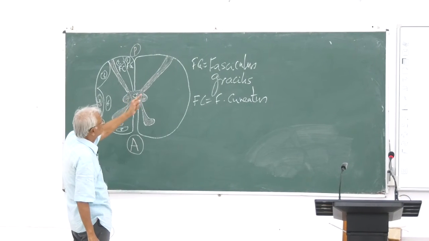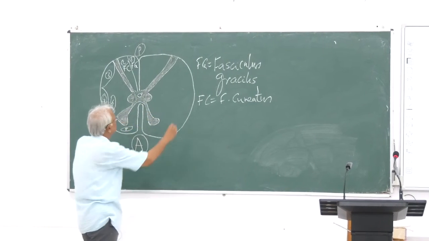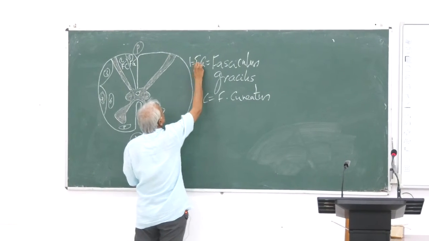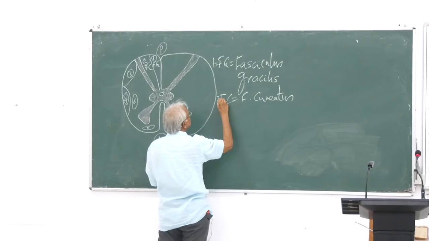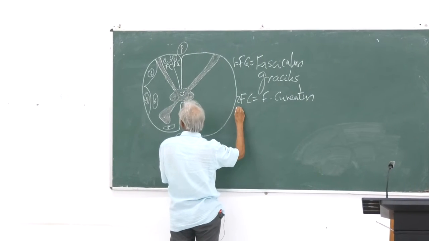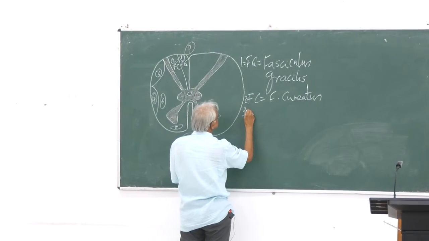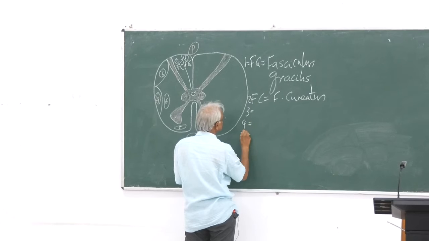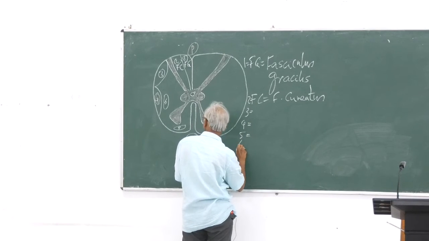So 1 is fasciculus gracilis, 2 is fasciculus cuneatus, then 3, 4, 5, 6.